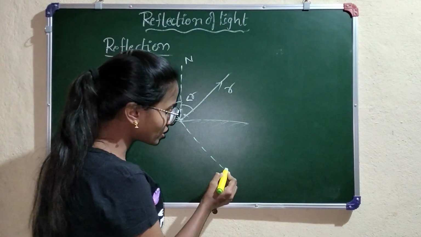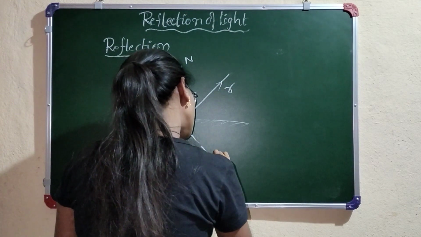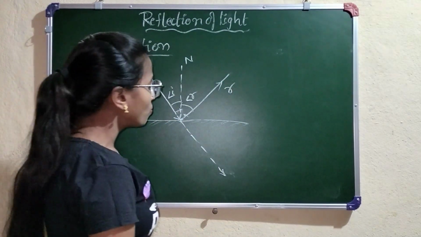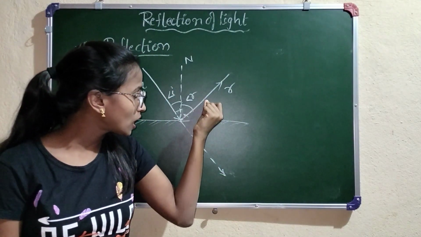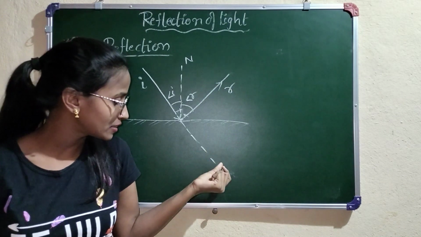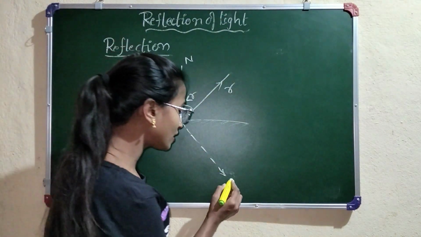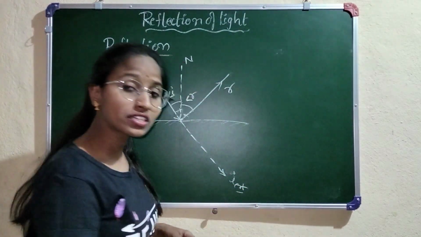But here, if we extend the incident ray, whatever angle is made between the reflected ray and this extended incident ray, I am writing I extended, which means extended incident ray.